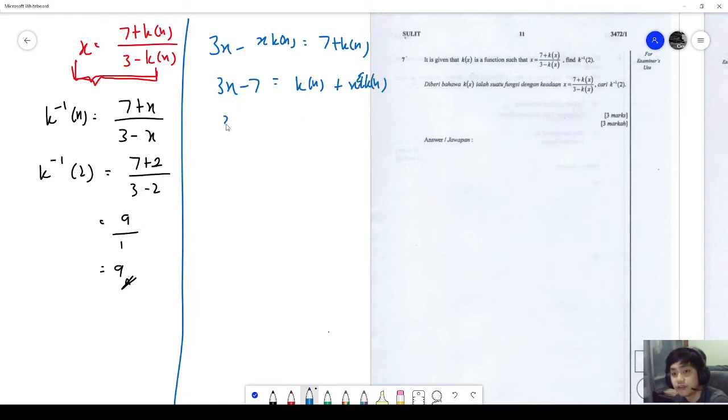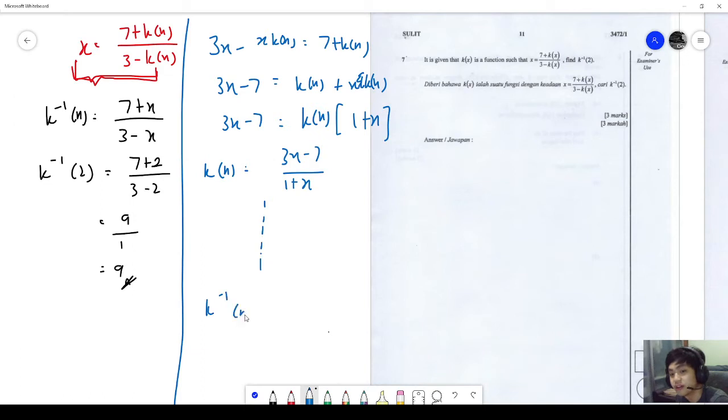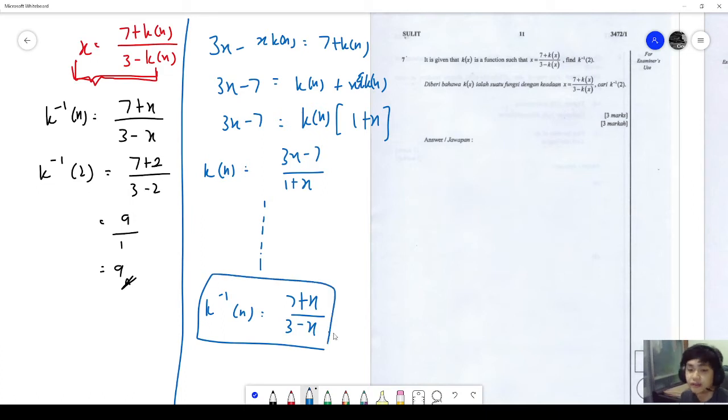So we have 3x minus 7 equals k(x) times 1 plus x. You can find k(x) first, your choice, and then inverse the function. But you notice that when you inverse the function, you will end up with what the question actually provided. So we are saving a lot of time here. This is actually a very short question. As long as you know the concept, we can straight away apply this as the inverse. So this is question 7 done.